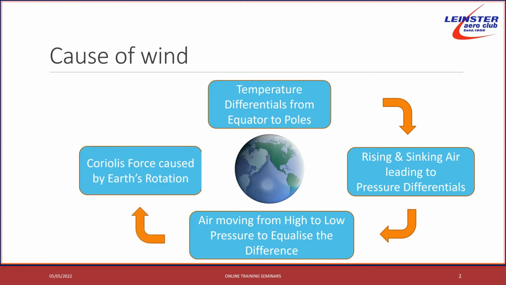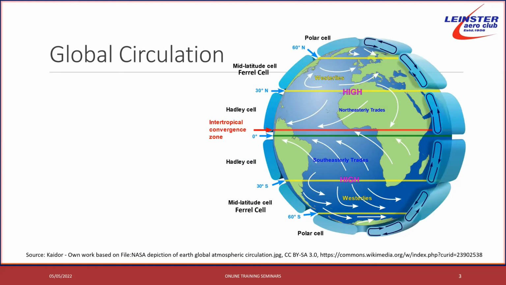Of course, that's complicated by the Coriolis force, the apparent force caused by the Earth's rotation, which has an effect on wind and particularly the direction of the wind. And that's like a rotating, I suppose, never-ending sequence. You'll remember we discussed global circulation, and in doing so, we looked at the three cells, where there would only be one cell if the Earth weren't rotating.